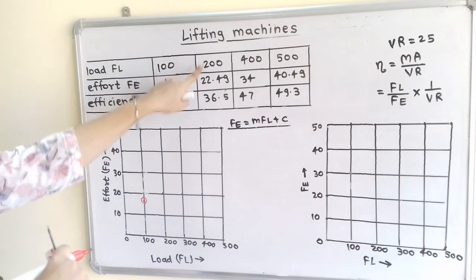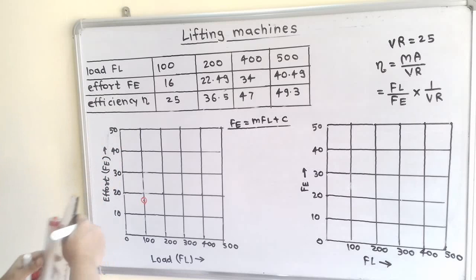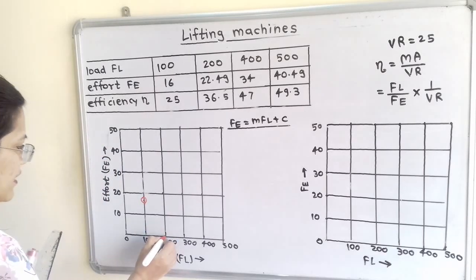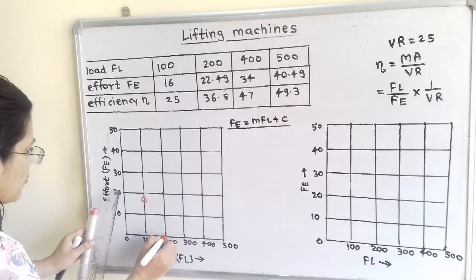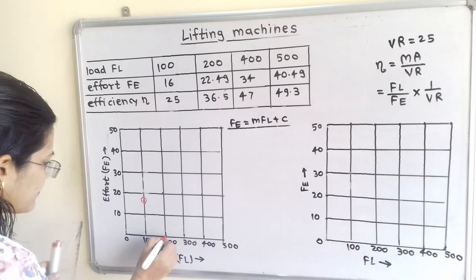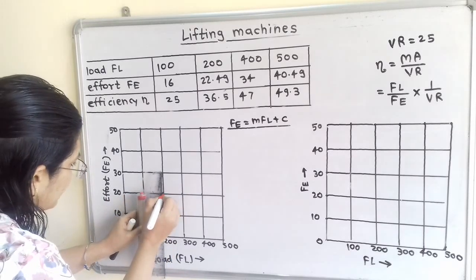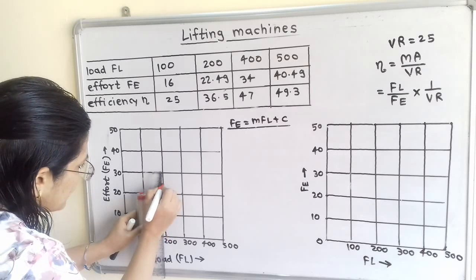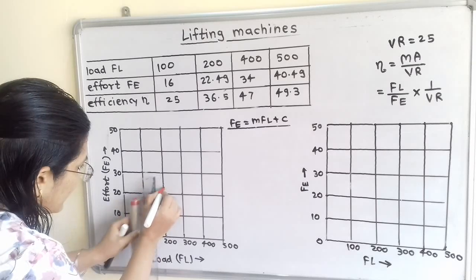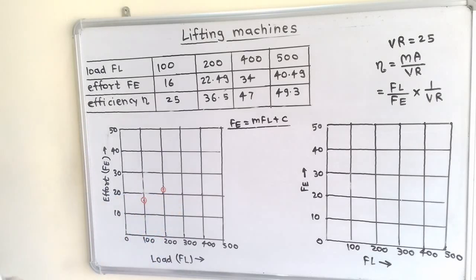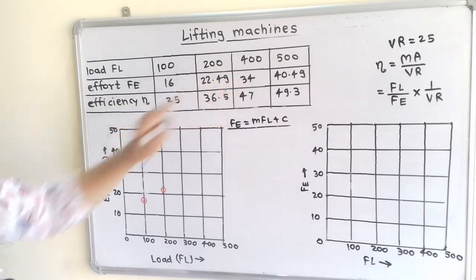Then next is for 200, it is 22.49. So here is 200 load, and in between 20 and 30 we first select the middle point, and then slightly above that we select the value of 22.49. Then for 400 it is 34.